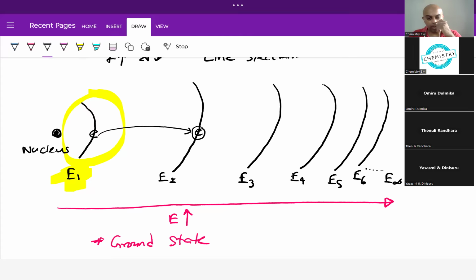Now it is not in E1. It is going to the E2 energy level. It needs to absorb energy E2 minus E1. According to the Planck equation, this E2 minus E1 will be equal to h nu.